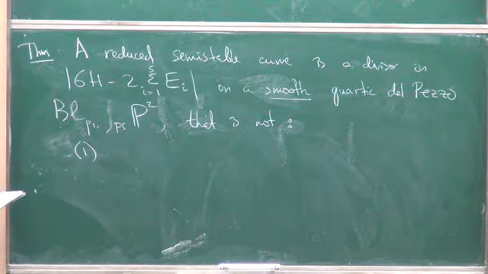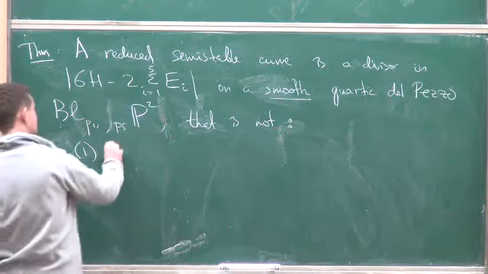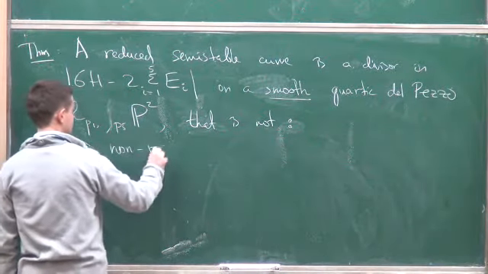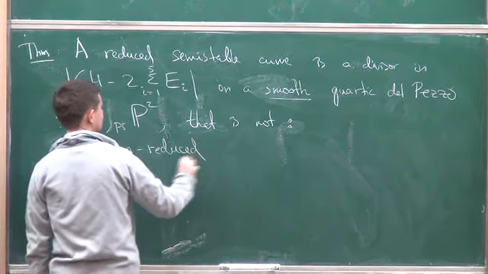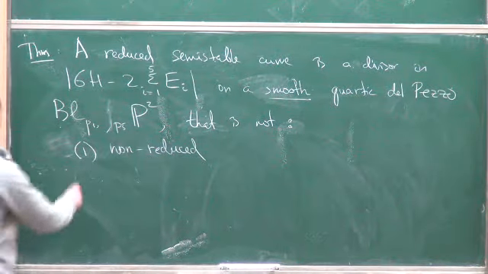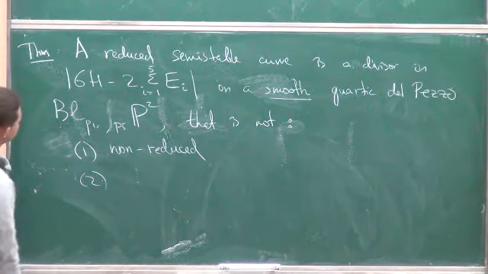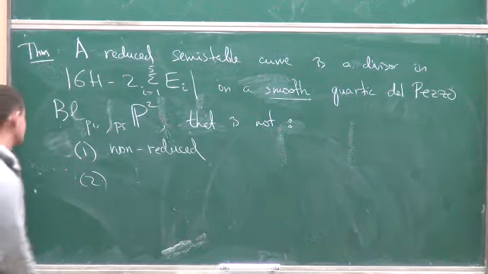The first item in my list is non-reduced, and strictly speaking, this is necessary, because I'm describing reduced semi-stable curves. And then I'll just draw pictures of the non-stable curves in these linear systems.